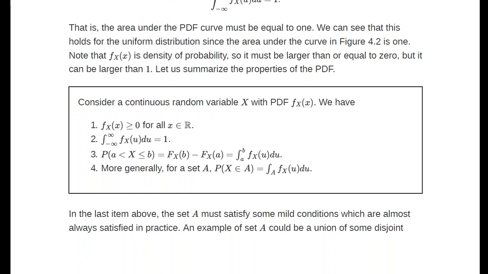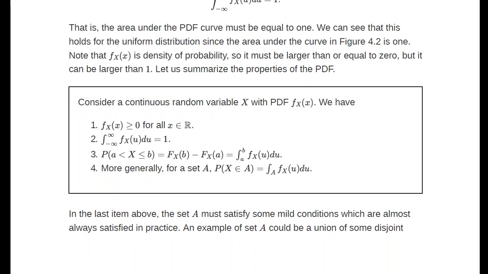Let us summarize the properties of the PDF. Consider a continuous random variable X with PDF f_X(x). We have, first, f_X(x) is greater than or equal to 0 for all x in the real numbers. Number 2, the integral from minus infinity to plus infinity of f_X(u) du equals 1.